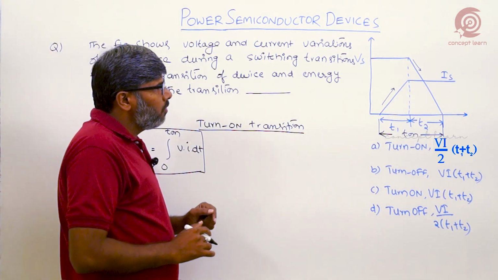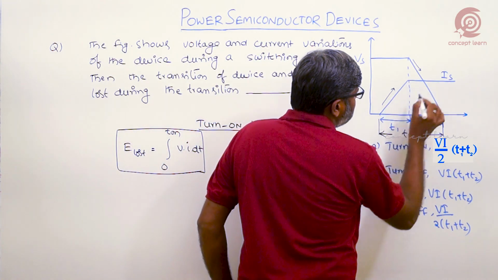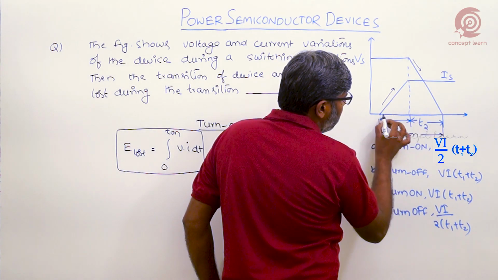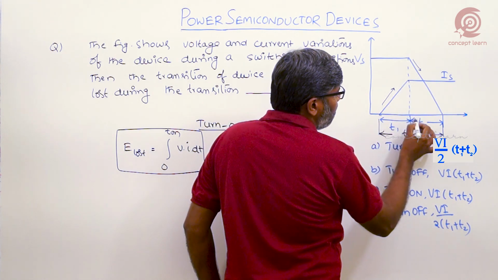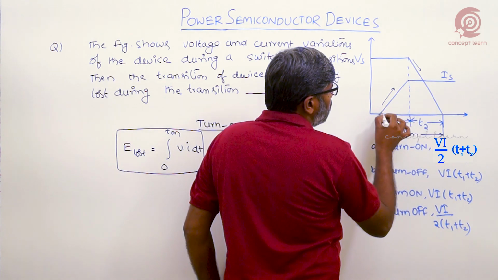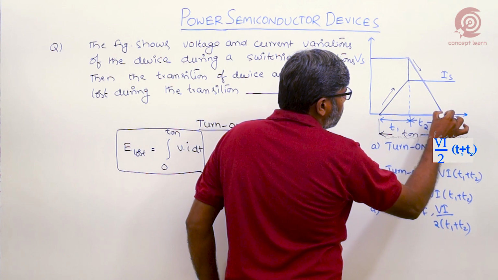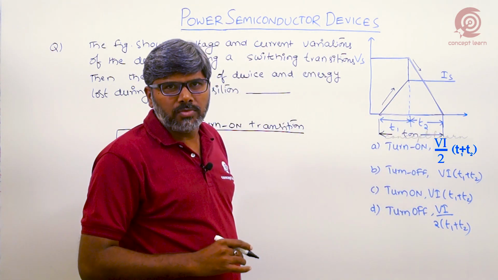So now when you come to this variation, this is the current variation, this is the voltage variation. So this is the time period T1 to change the current from 0 to Is, and time period T2 to change the voltage from Vs to 0. If you find the area of this complete curve, that gives the energy lost during the turn on transition of the switch.